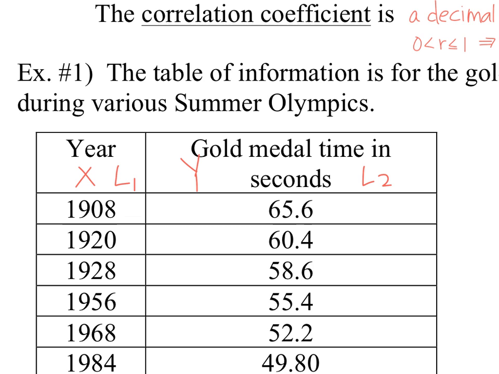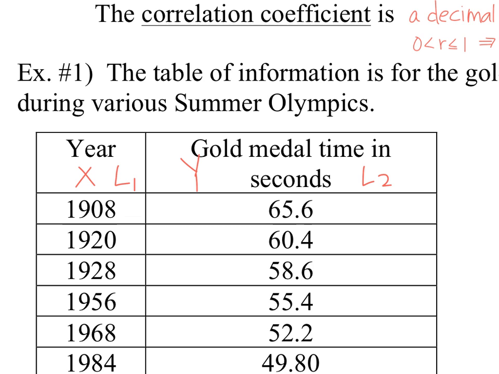I have some statistics already from a class earlier today, but do you have an L1 and an L2 column? What I need you to do, you have to clear it if there's anything in there. If you borrowed a calculator from somebody or whatever, put your cursor up on the L1, hit clear and enter, and it will automatically erase everything in that list for you. And do the same thing for list 2.